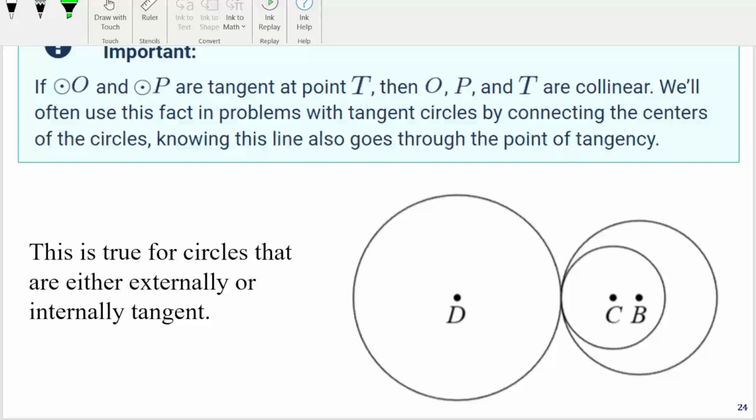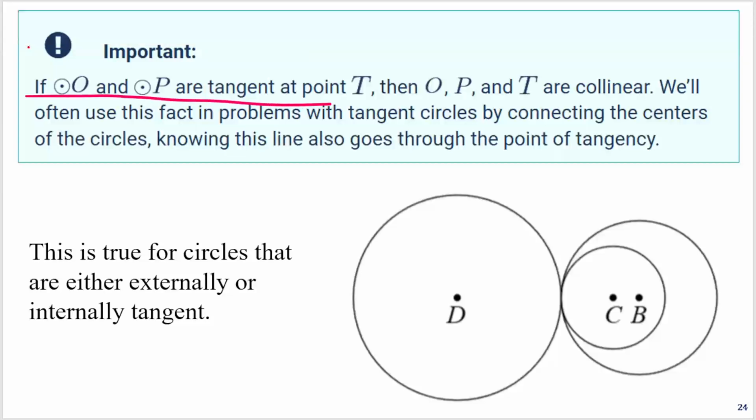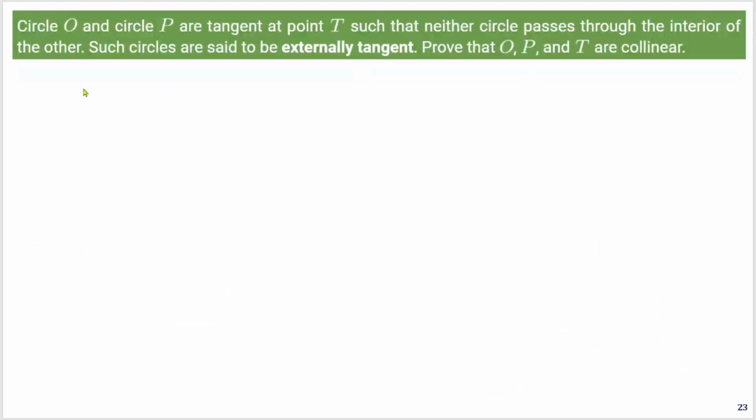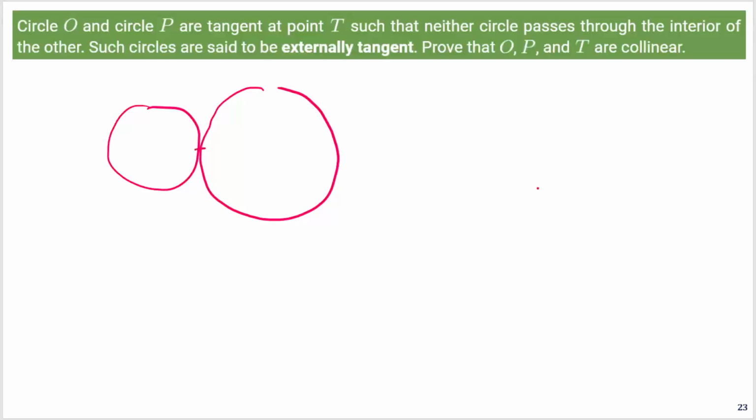Okay, this is another important conclusion. Of course, we haven't proved this yet, right? So also try to prove this after this class. Consider this as your homework, okay? Circle O and circle P are tangent at point T, such that neither circle passes through the interior of the other.